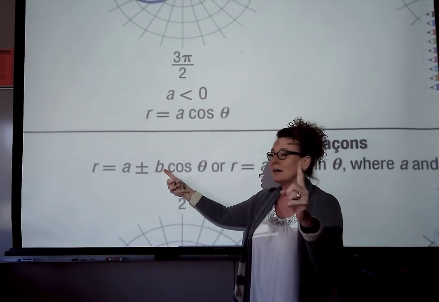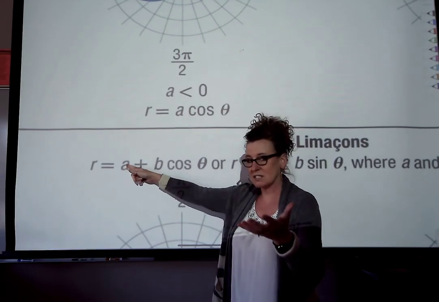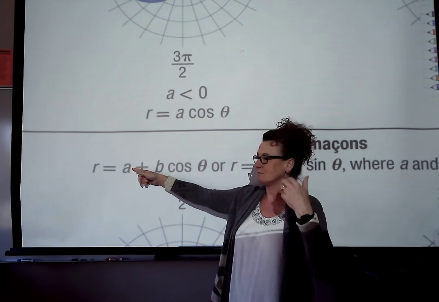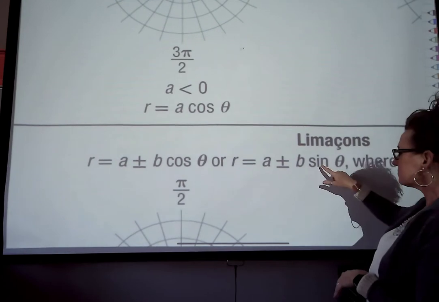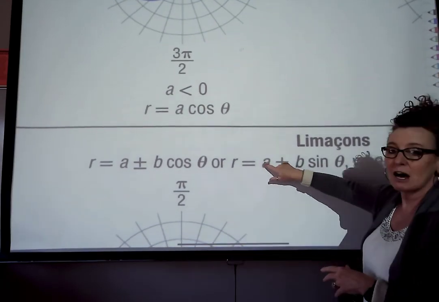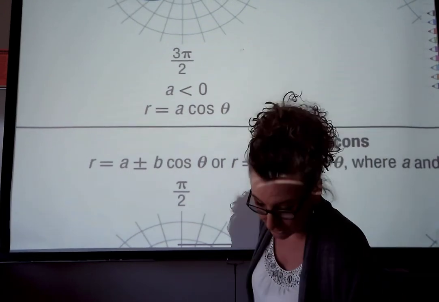And it's plus or minus some other constant added with it. Or you could have sine in here, maybe a constant, but some other constant being added to this term. And here's what they look like.